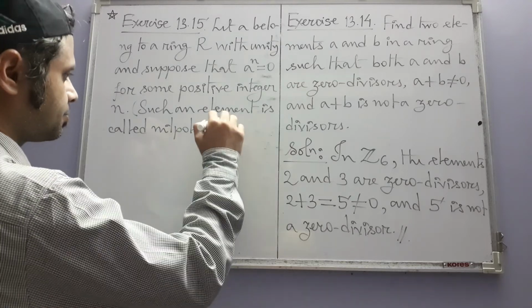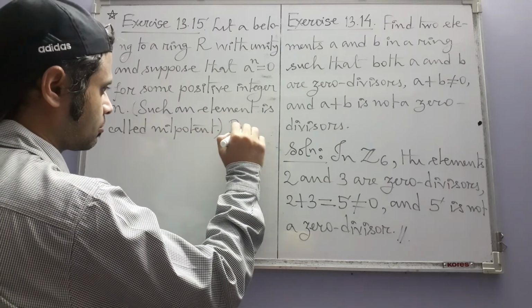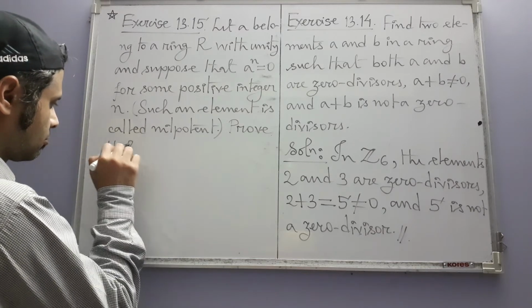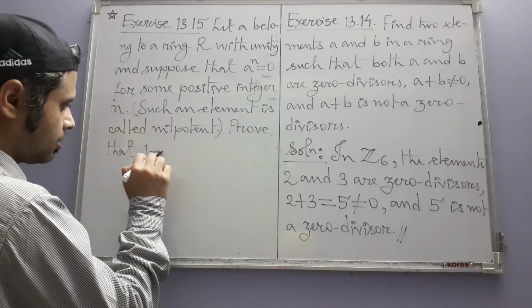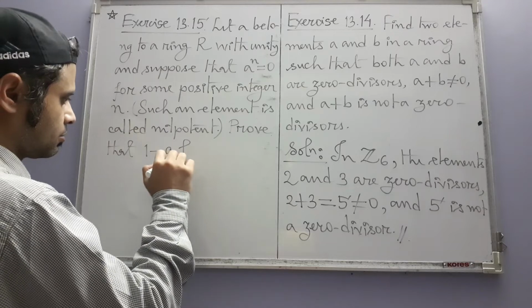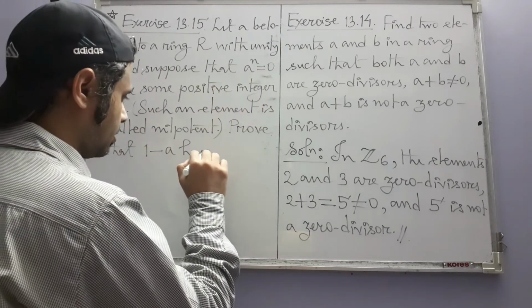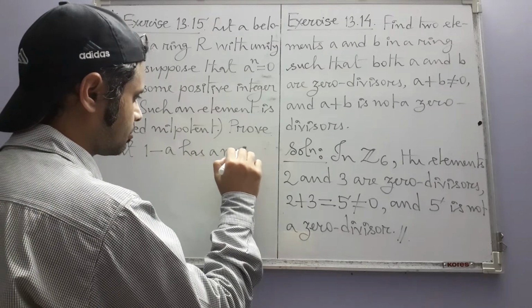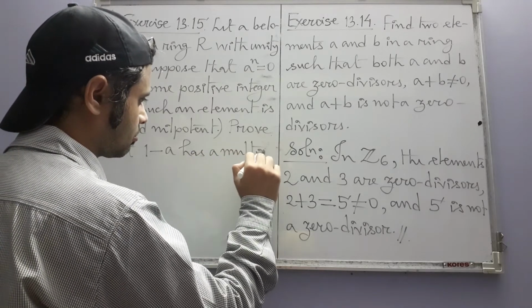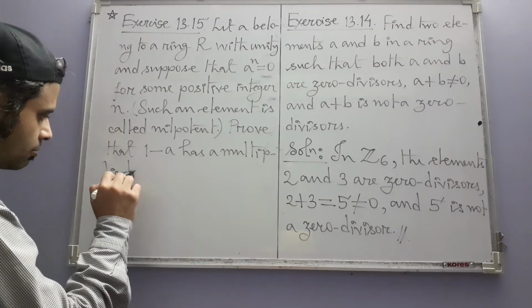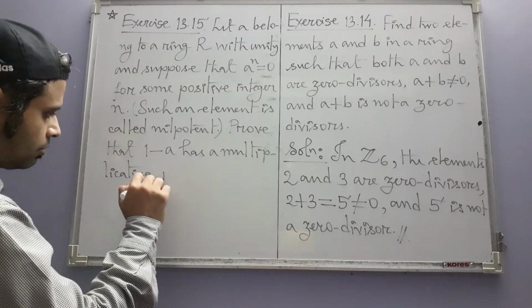Prove that the element 1 minus A, where 1 is of course the unity in R, has a multiplicative inverse.